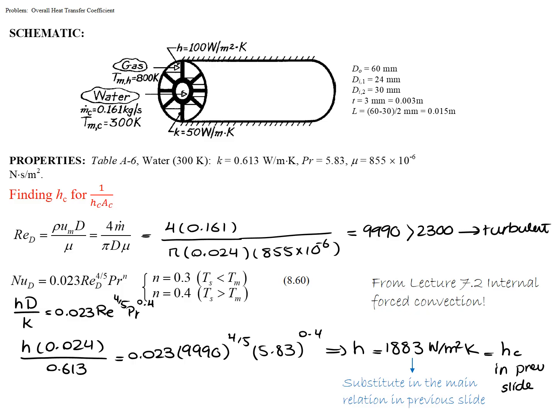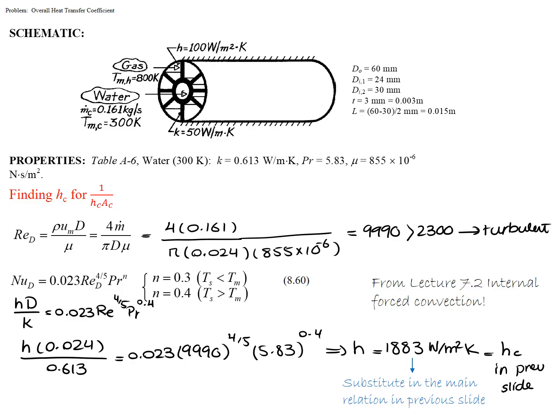There's two relations for turbulent flows. The Nusselt number relation is 0.023 Reynolds to the power 4/5, Prandtl to the power n. And this n value, we do need to know if we are heating the flow or if we're cooling the flow. Let's explain it another way: is the surface temperature, the tube temperature, smaller than the water temperature, or is it higher than the water temperature?